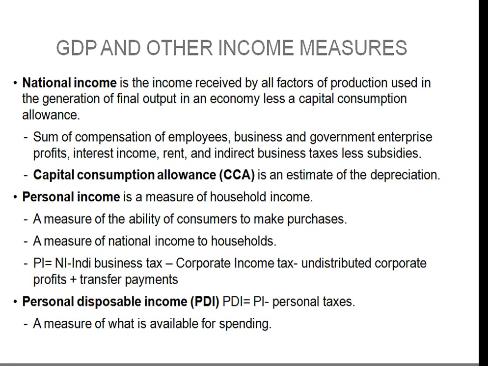So GDP minus capital consumption allowance, which we simply call depreciation, gives national income. Capital consumption allowance is the estimated amount of depreciation, so we subtract it from GDP, and that is our national income.